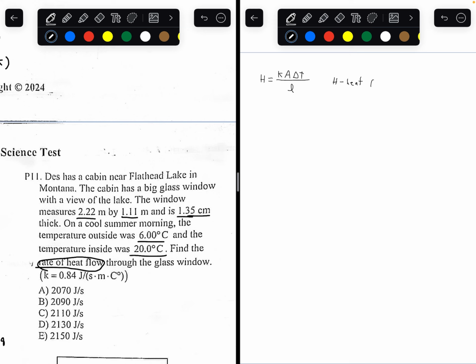H would be heat flow in watts. K is the heat constant. A is the area, cross-sectional area to be specific. Delta T is change in temperature. This would always be in Kelvin. And L would be length, which would be in meters.